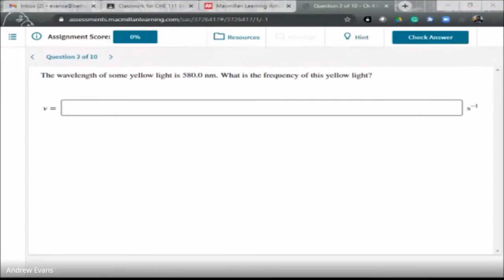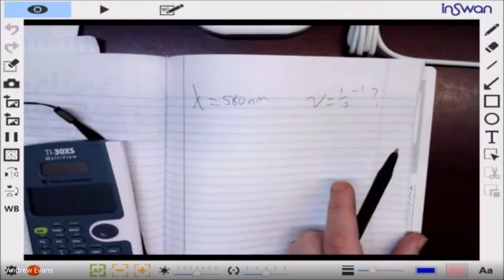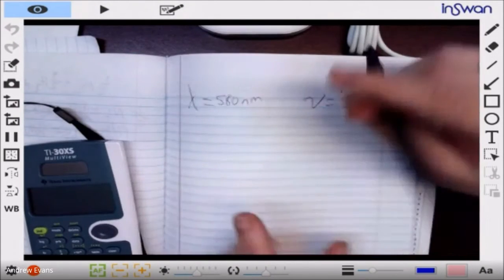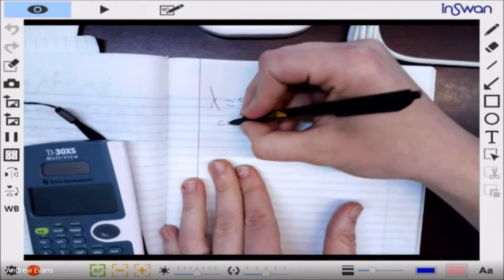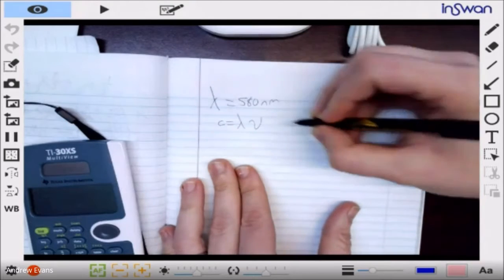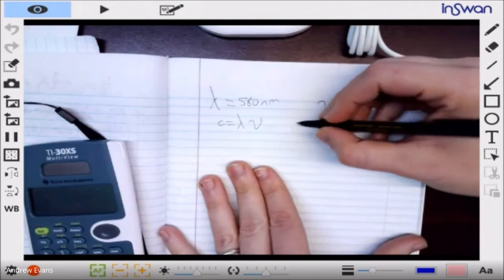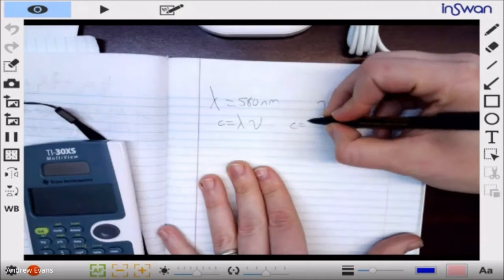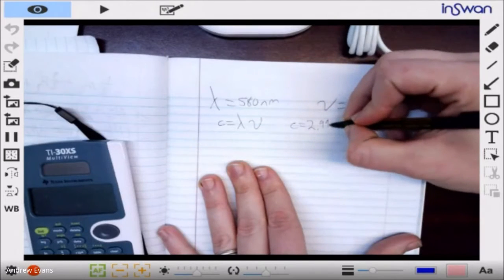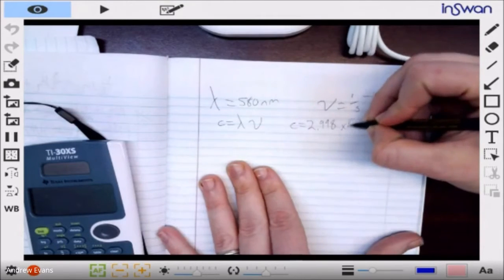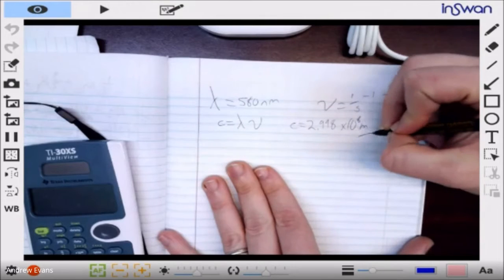So writing that down. Go into the doc cam. Always go into the doc cam. Our equation is c equals lambda nu. c is our speed of light, 2.998 times 10 to the 8th meters per second.